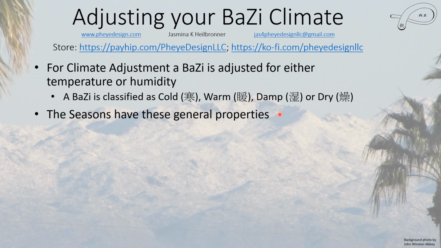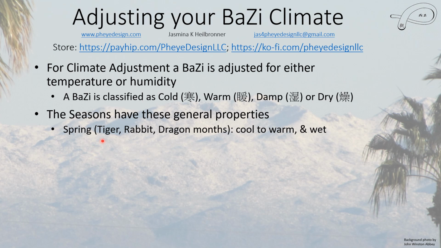And the seasons themselves also have some general properties which go into automatically adjusting the climate. So sometimes a person born in a certain season automatically has a better overall chart for the climate based on the month they're born, for the same day master. The spring months are the tiger, rabbit, and dragon months, and these are the Chinese solar months, not the lunar months.